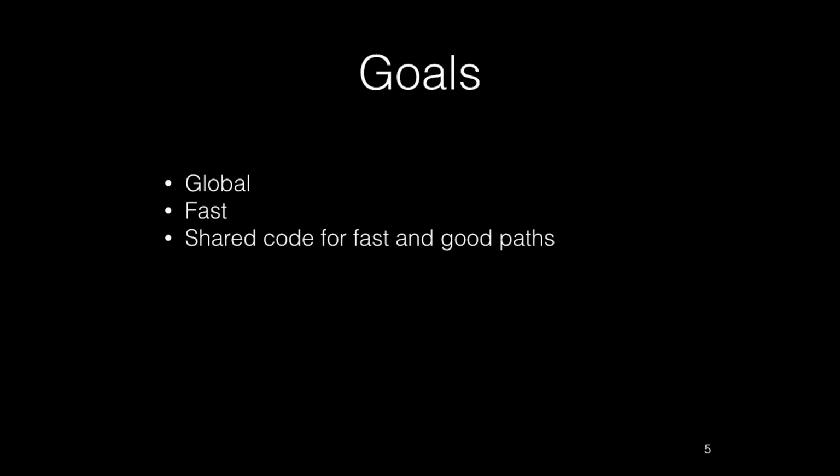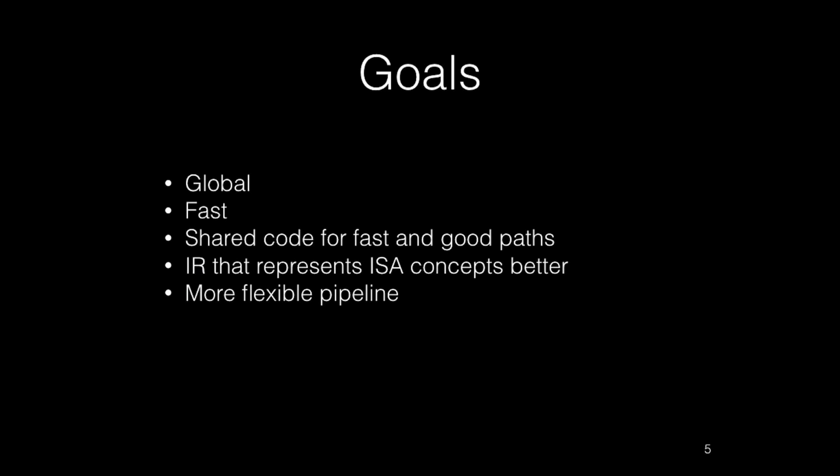And also, we want something where the fast and good paths share a code path, and not two different code paths that we will have to improve for the different goals, or fix bugs at two different places. We also want an IR that represents ISA concepts better. We want a more flexible pipeline, like I said. You want to be able to do your own target-specific things within the instruction selector pipeline.